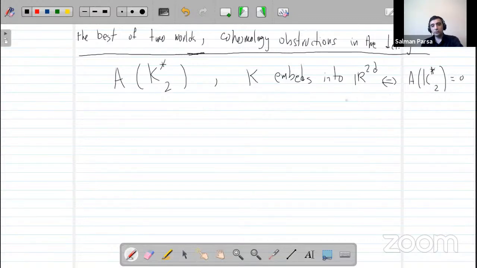And we want this to be true, for instance, for D greater than or equal to 3 at least.